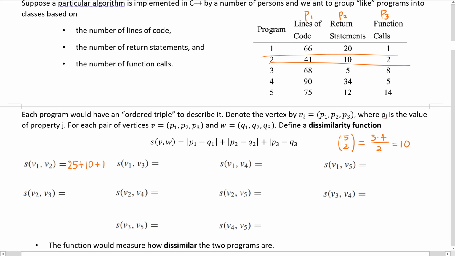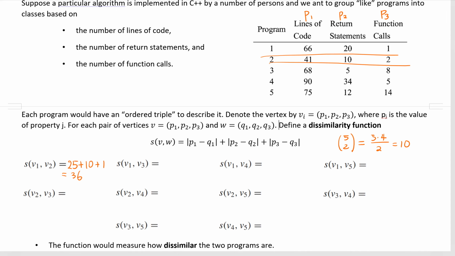Because it's absolute value, the absolute value of negative 1 is 1. When you find the difference, you take the bigger number and subtract the smaller number to get the positive difference. So 25 plus 10 plus 1 gives us 36. The similarity between them is 36.